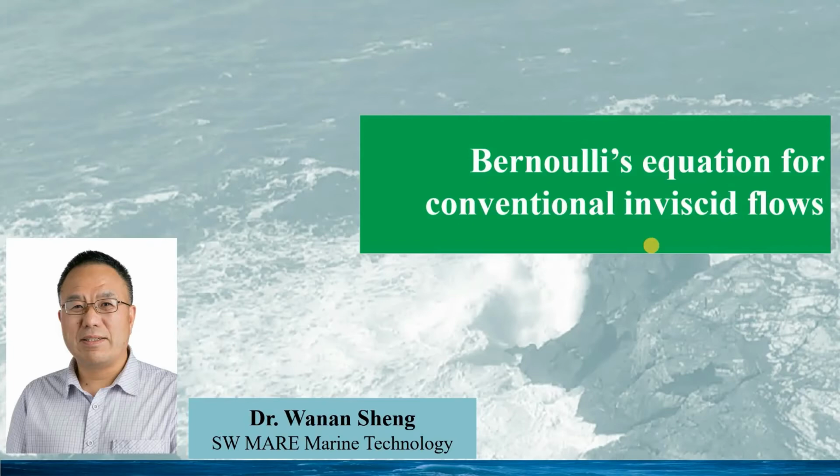In modern fluid dynamics, Bernoulli's equation may be the most used equation for both engineering applications and in research. In this talk, we will see how the conventional Bernoulli's equation can be derived for the general inviscid flows, which is derived based on the Euler equation, the universal fluid dynamic equation for inviscid flows.